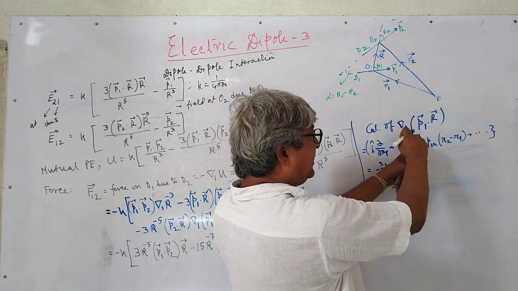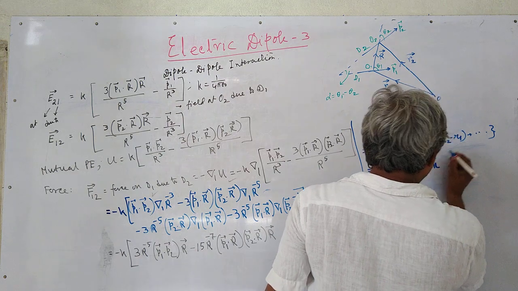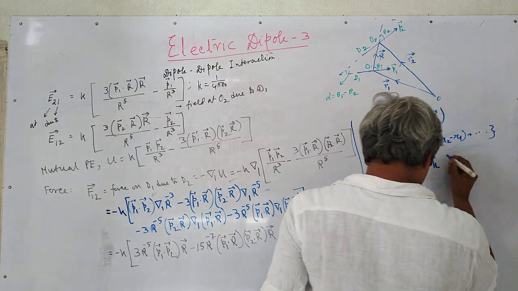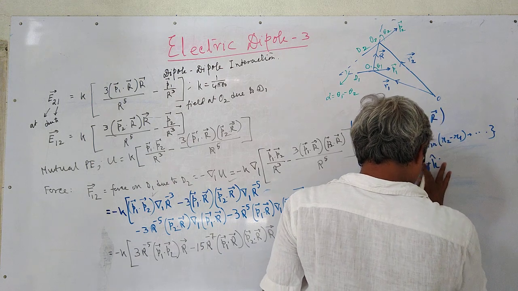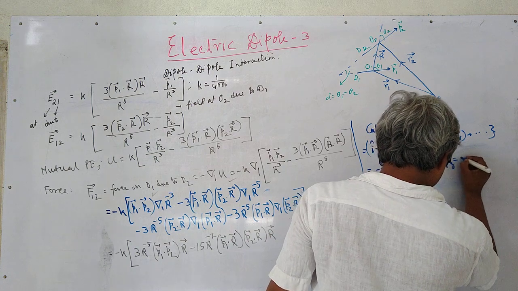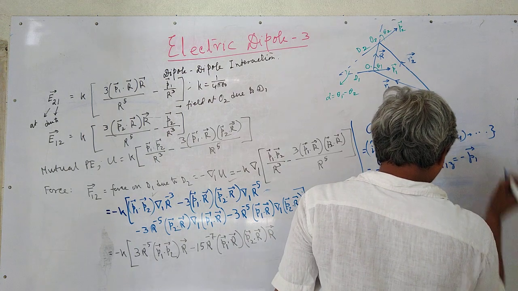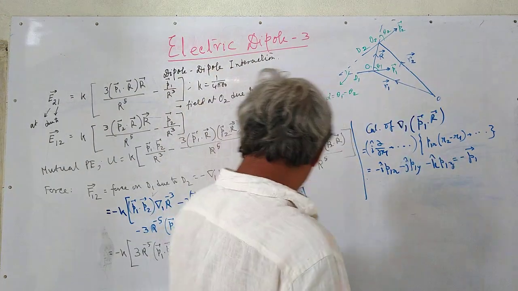And similarly, when del del z1 operates on the z component, this gives you minus k cap P1z. So this is minus P1 vector. Similarly, when this is P2, the result is minus P2.